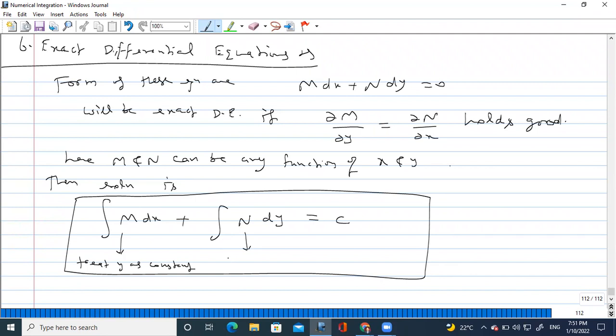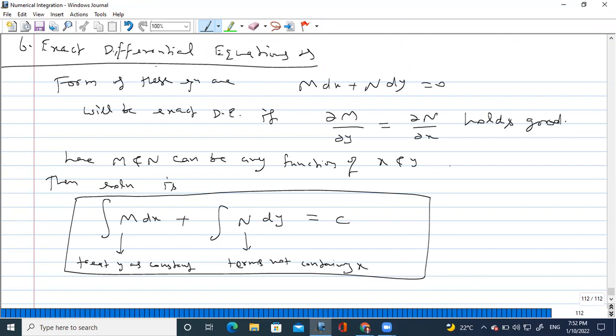So n is the terms not containing x. These are the two things you have to remember. M should be such that you take y as constant, and n should be such that it should not contain any x term. That's it. So this will be the solution.